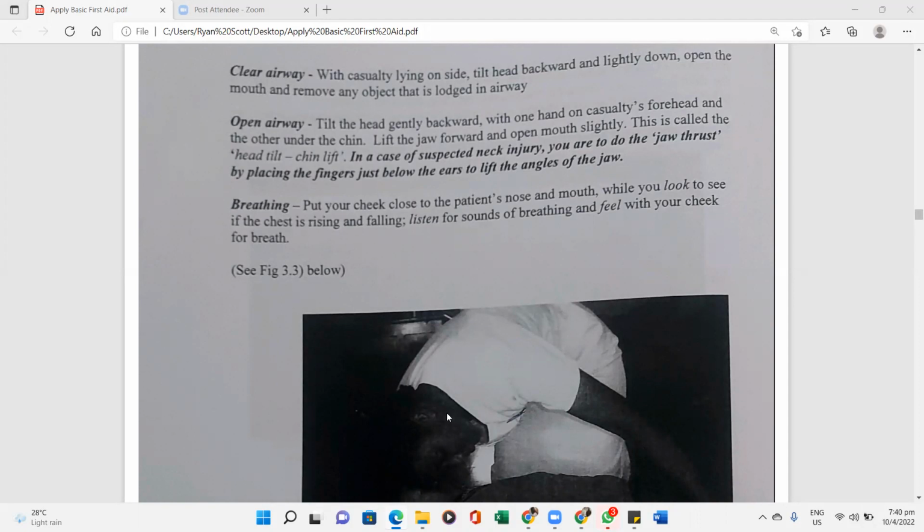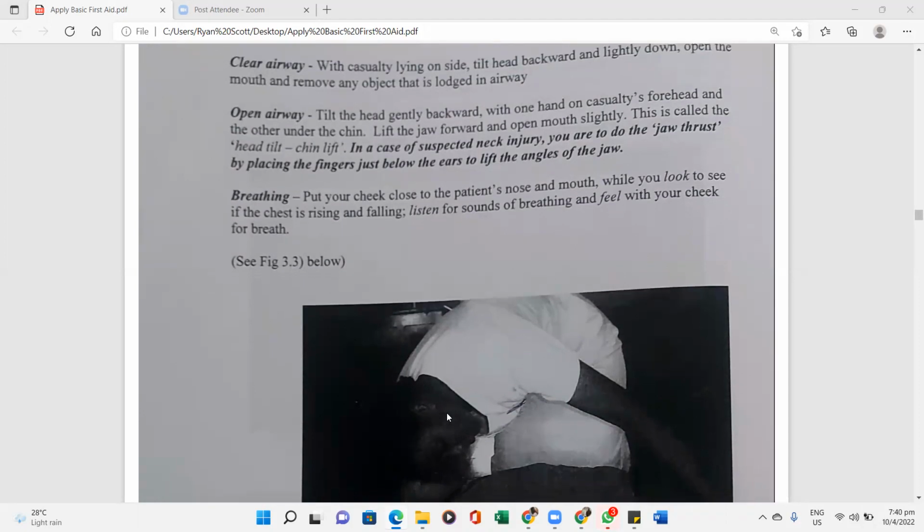In a case of suspected neck injury, you are to do the jaw thrust by placing the fingers just below the ears and lifting at the angle of the jaw. And I'm going to show you those two in a video before we leave. Okay? The head tilt, chin lift, and the jaw thrust. All right? And how to clear the airway. We're definitely going to have to go through those. All right?